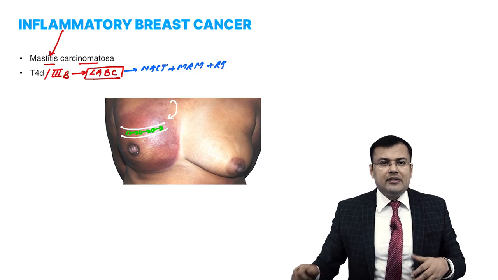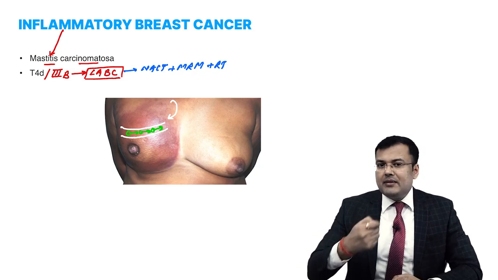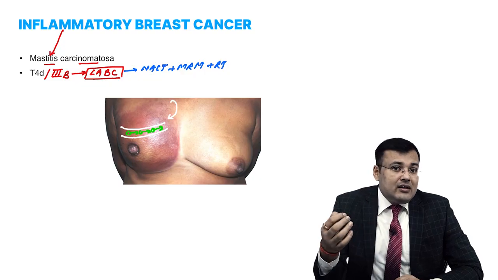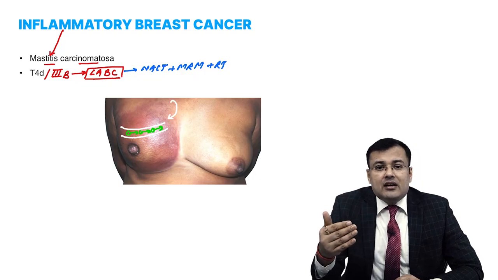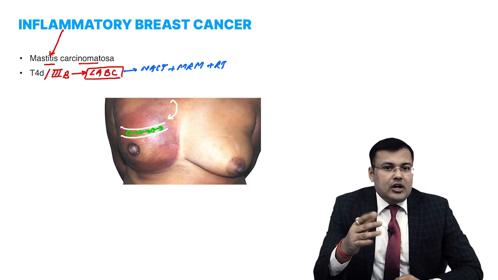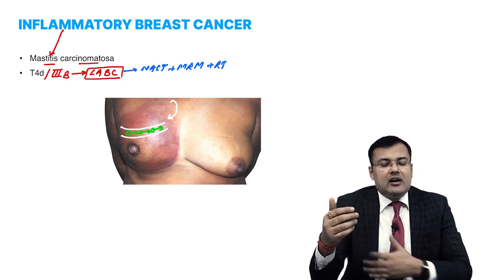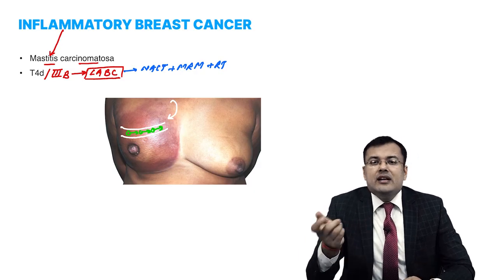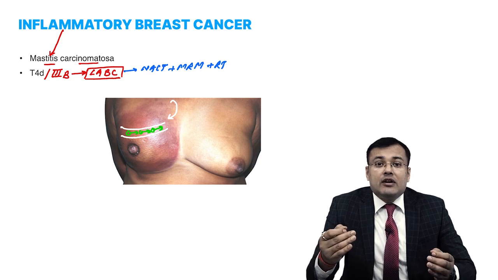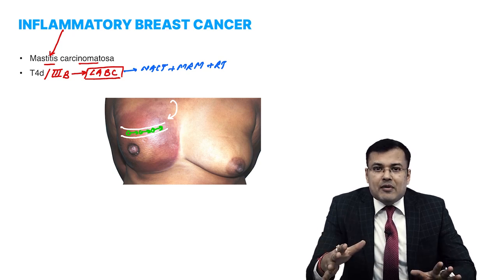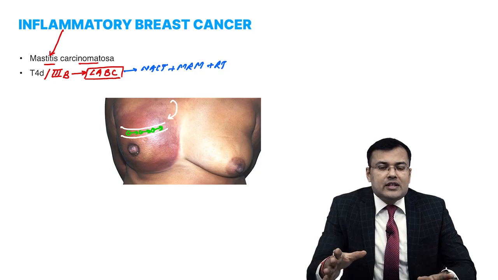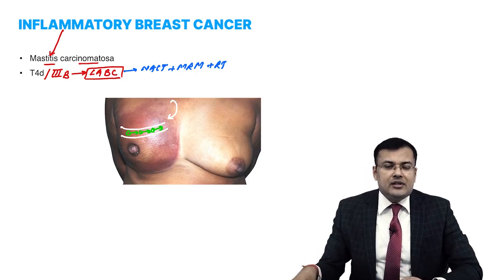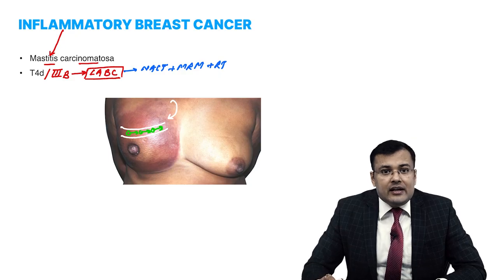So there is early lymphatic permeation, and because of this there is early onset of peau d'orange, early lymph node metastasis and early distant metastasis. This is one of the most malignant types of breast cancer, having worse prognosis. Everything occurs early here.